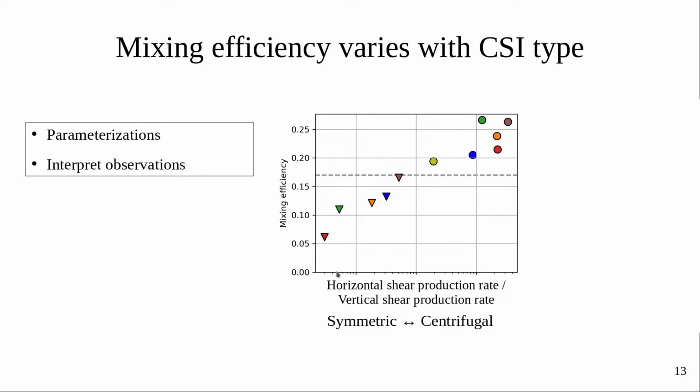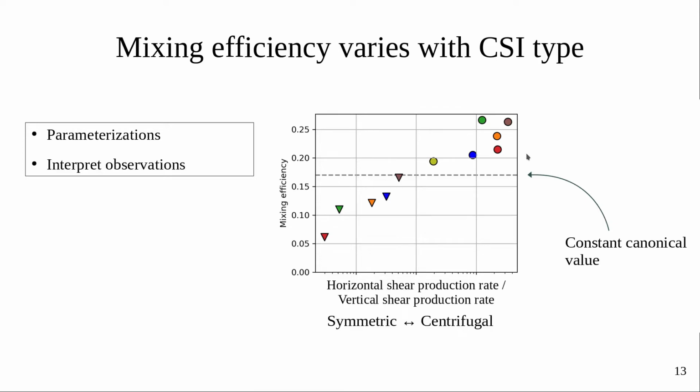And I just want to emphasize here that as far as parameterizations go, most parameterizations that use the mixing efficiency to parameterize mixing use a constant canonical value, which is represented by this dashed line here.